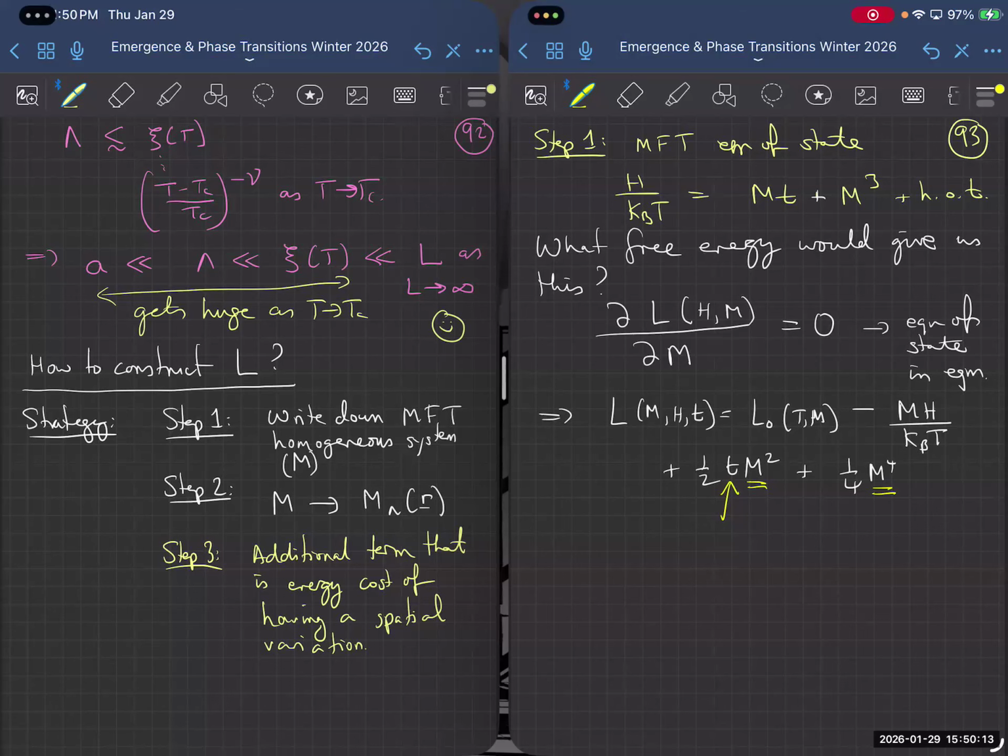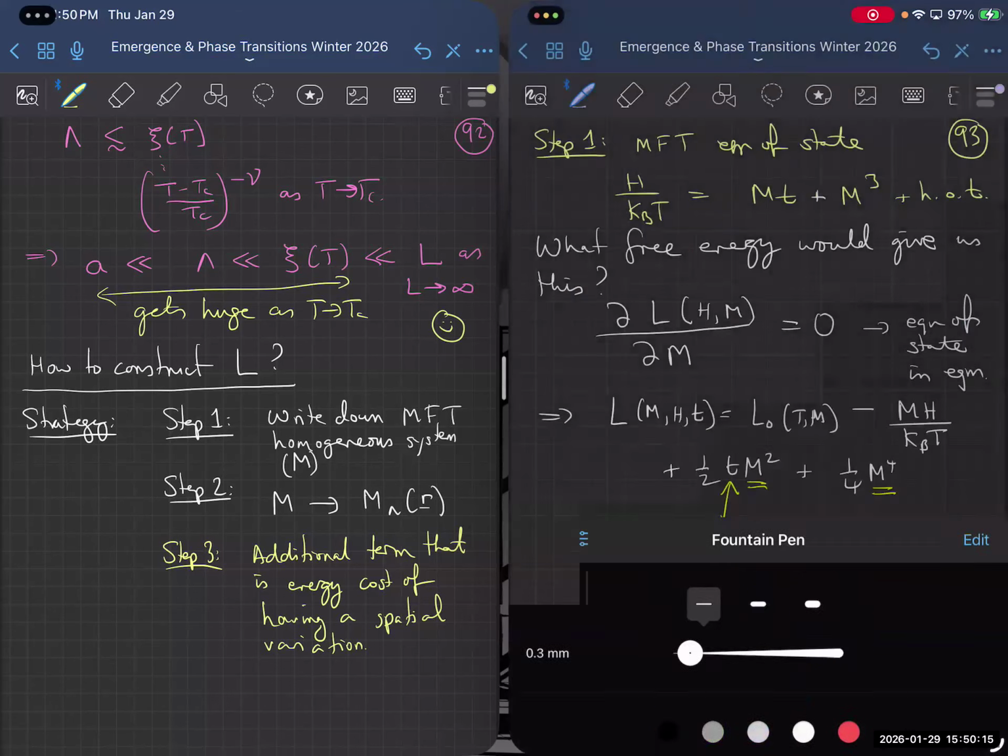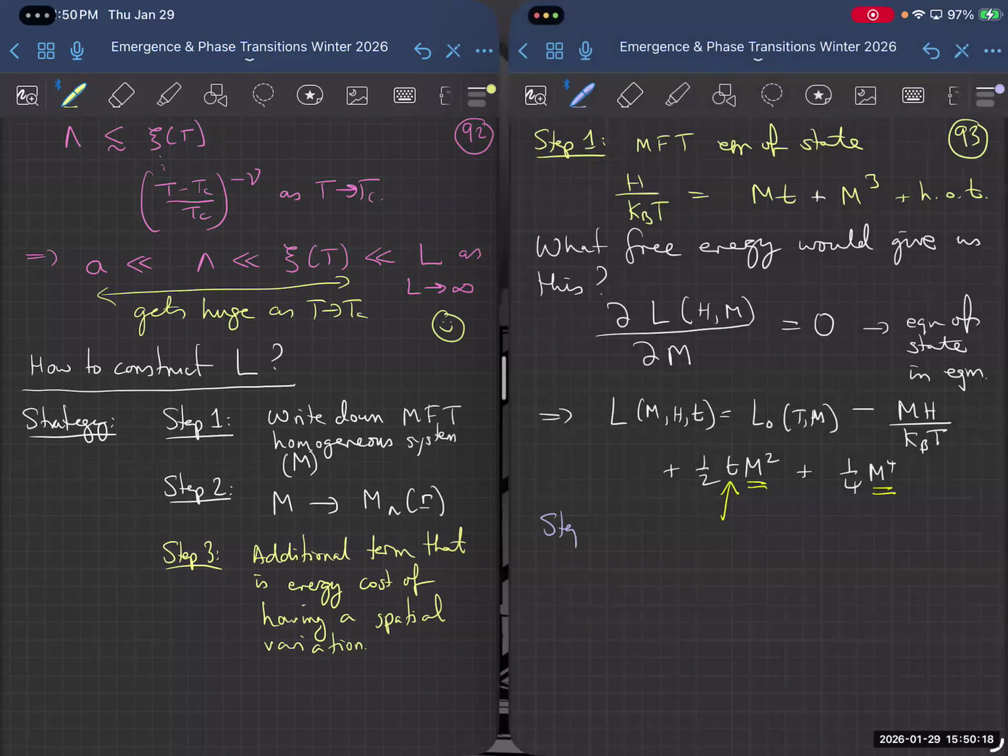Okay, so now step 2, and this is all I'm going to have time to do today. Step 2 is, now I'm going to take L of M and promote it to L of M lambda of R. And so we're going to get L of M lambda of R is equal to some L naught. And then I'm now going to integrate over space, because instead of just multiplying by space, I'm going to integrate over a spatially varying thing.